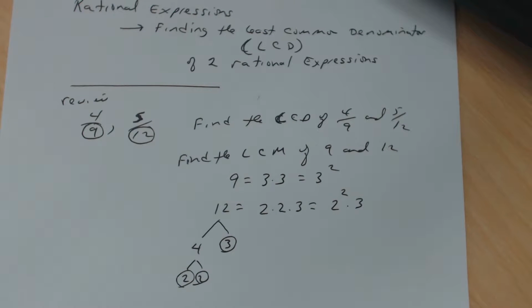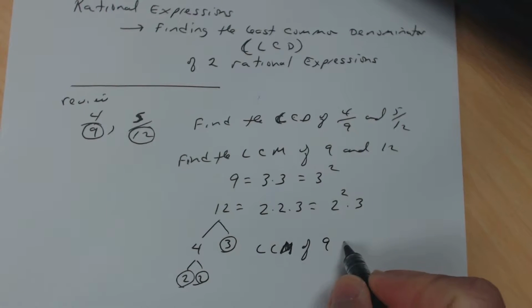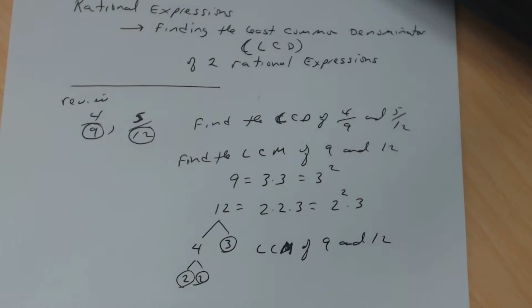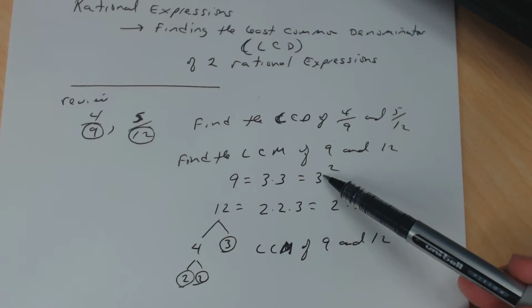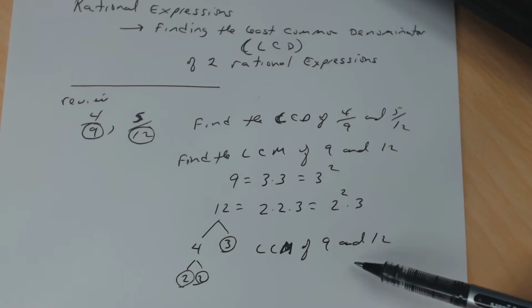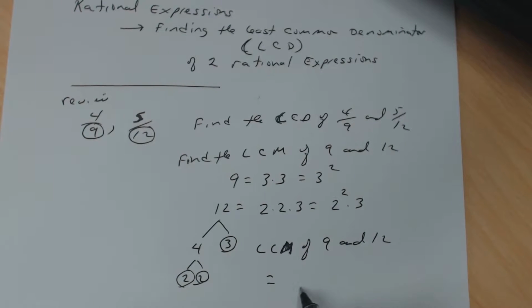Okay, so the least common multiple of 9 and 12: for every factor that you see, it has to be part of the least common multiple. So for example, there's a factor of 2 right here.